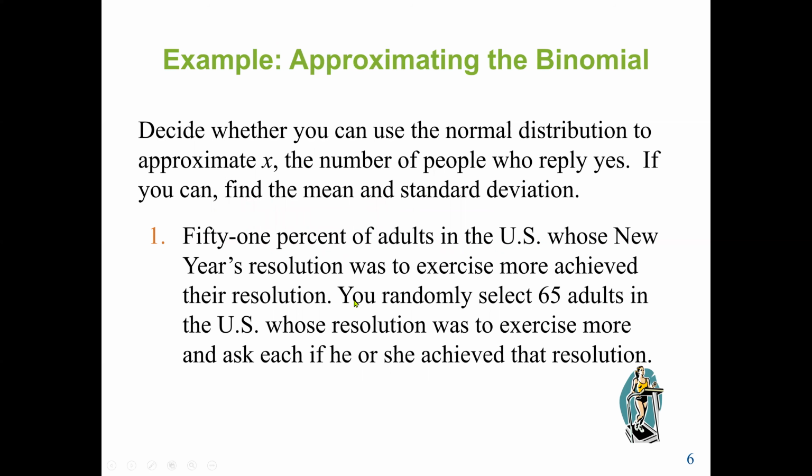The question says, you randomly select 65 adults in the US whose resolution was to exercise more. Based on previous studies, we know that 51% of adults achieve it, so that's p. p is 0.51. If p is 0.51, then q will be 0.49. So now we want to decide whether we can use the normal distribution to approximate X.